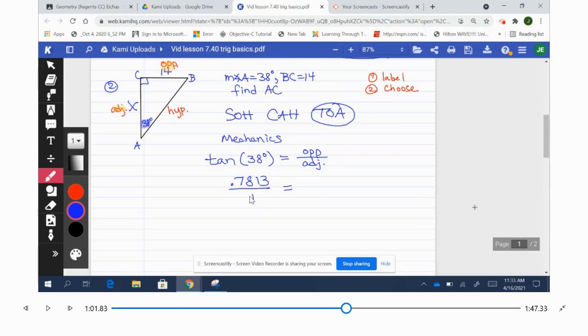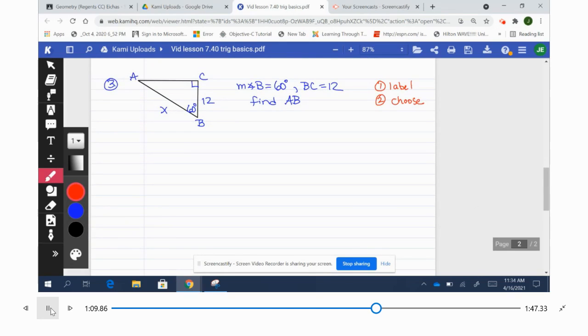Well, just put it over 1, so it's the same as this ratio. Now, a similar triangle with a right angle, 38 degree, has 14 for opposite and x for adjacent. Now we're going to cross multiply. And this time, instead of multiplying, we're going to have to divide to get our answer. So 14 divided by 0.7813. It's going to be half and half.